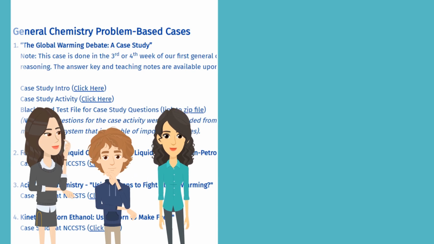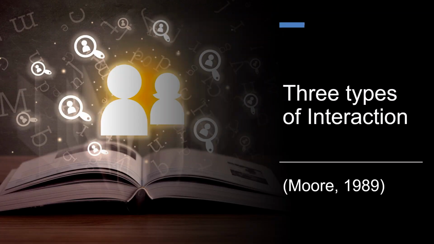They are sharing ideas, collaborating, and learning from each other. This is an example of a combination of the first and third types of interaction, learner to content and learner to learner interaction. To support the scenario that I have shared about Arlene, let's deep dive into the three types of interaction.